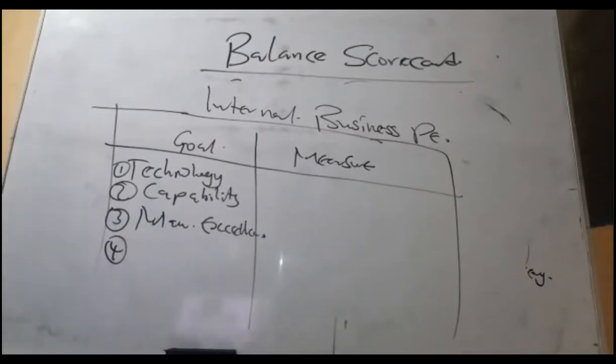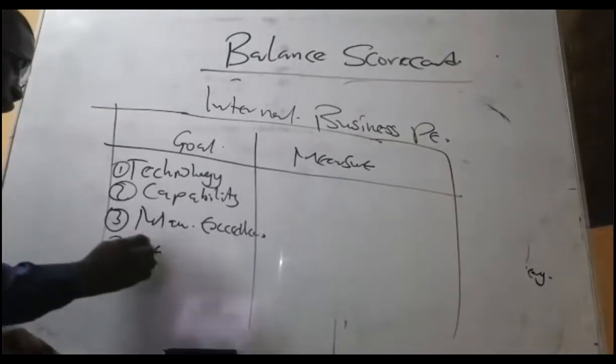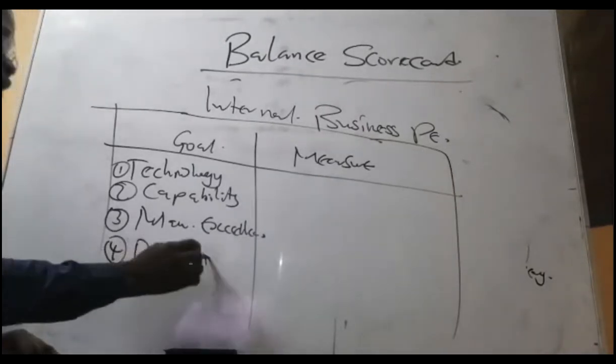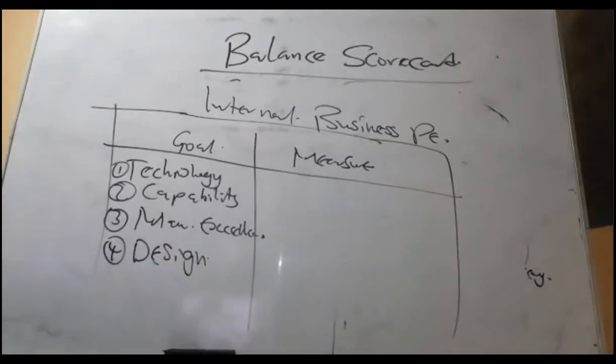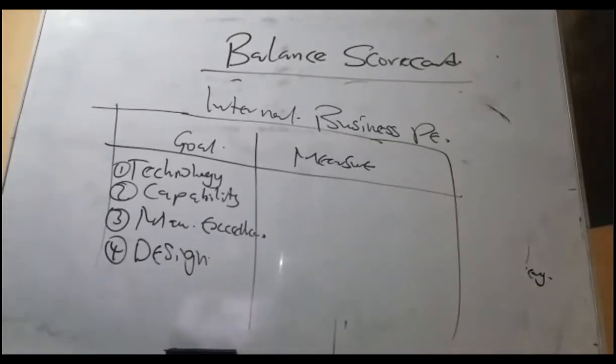Design, productivity, new product introduction. All of these can be used or can be set at what? Goal. So design, then productivity. Good. Now the measures we are going to use will be for technology.